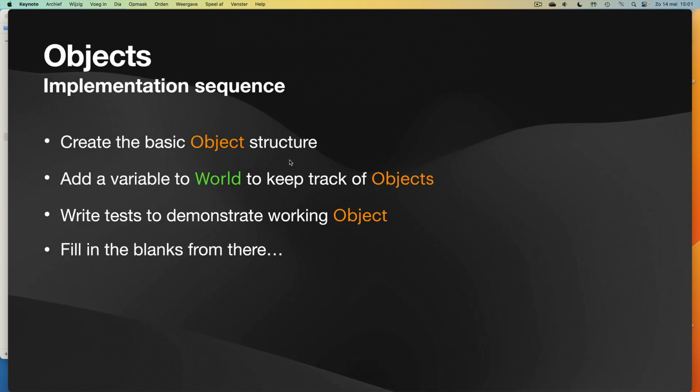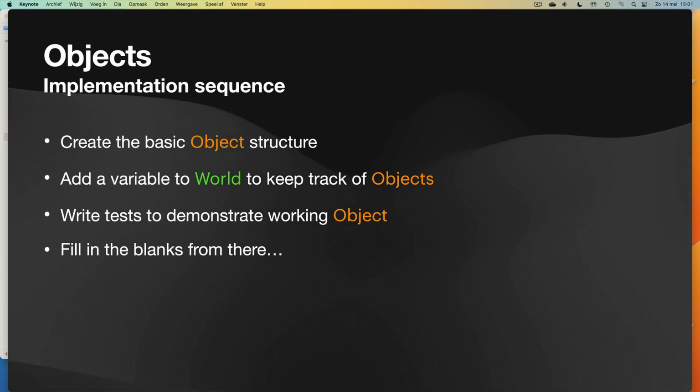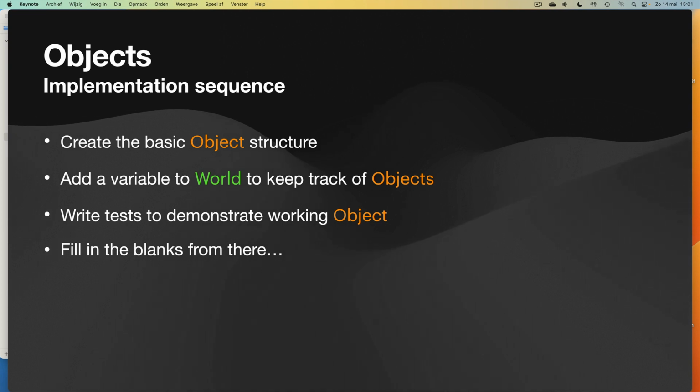And we will do it in a slightly different way than the earlier tutorials. And we will set up the most basic of the data structures for the object and the role to keep track of objects.